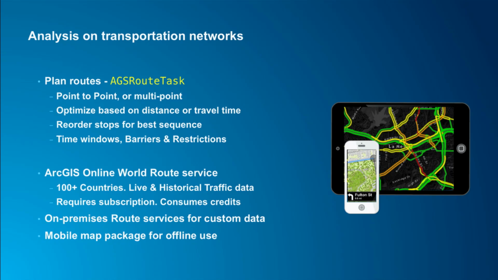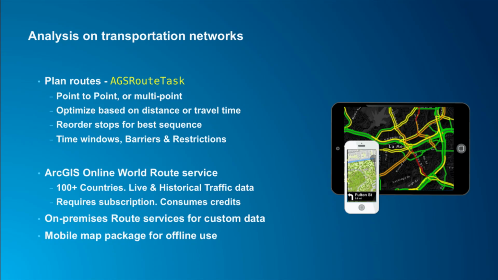Currently with the route task, you can compute point-to-point or multi-point routes, and you can optimize your route based on the distance traveled or the time taken. You can even ask for it to reorder stops to find the best sequence to optimize those criteria, and you can specify advanced restrictions like time windows and barriers to customize the route.